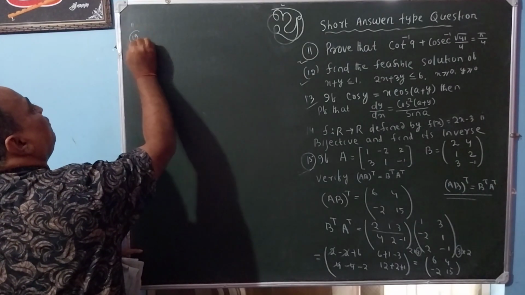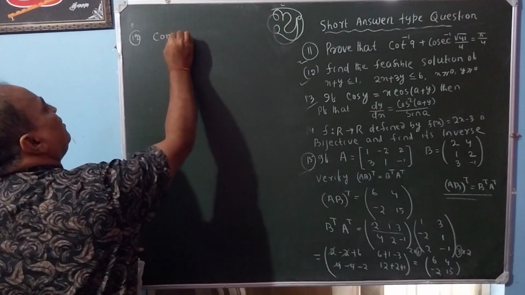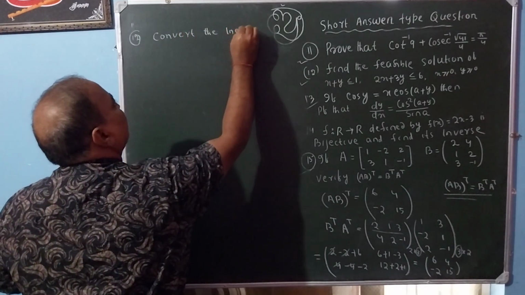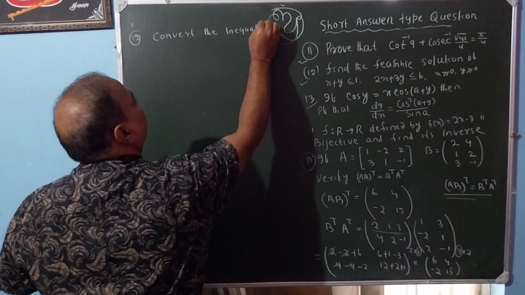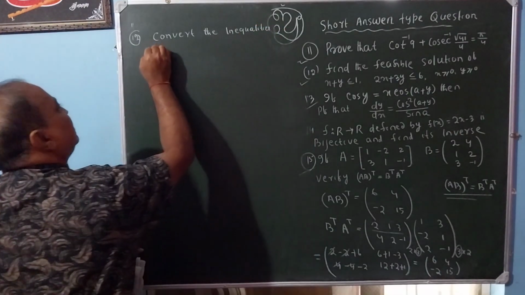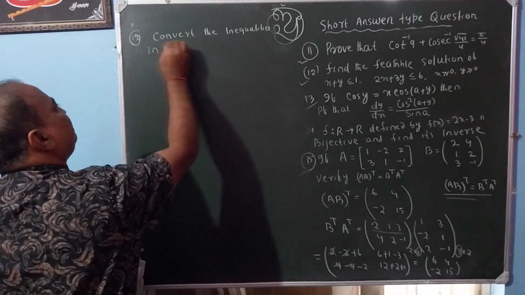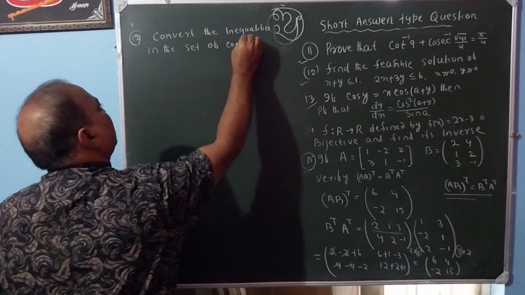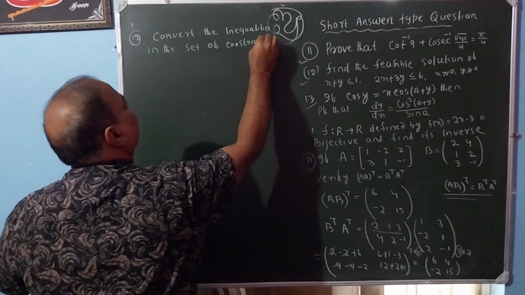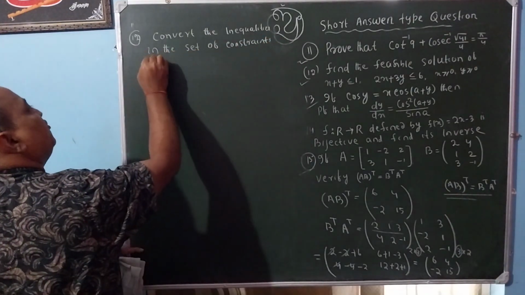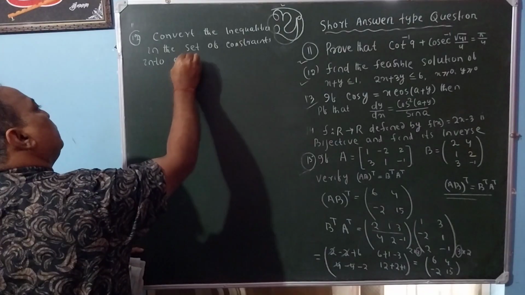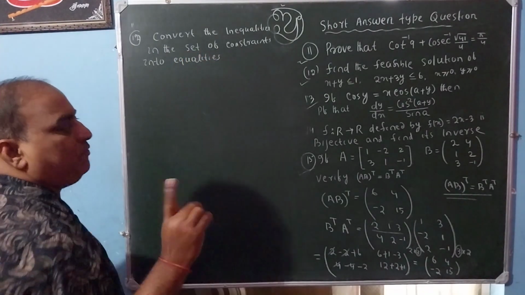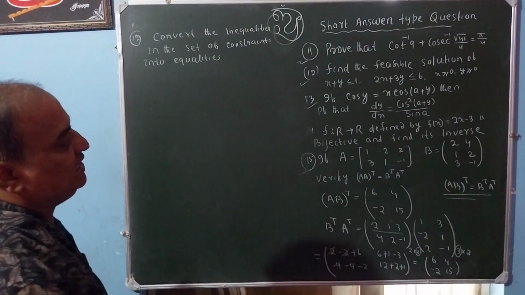First of all, you have to convert the inequalities in the set of constraints into equalities.